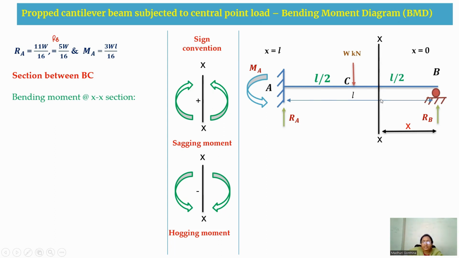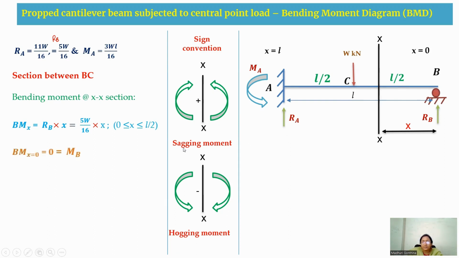Now when we cut a section in this BC segment and write the equation, the bending moment equation will be, as the arrow is heading upward towards the section, plus RB into X. The limits here are 0 to L by 2.